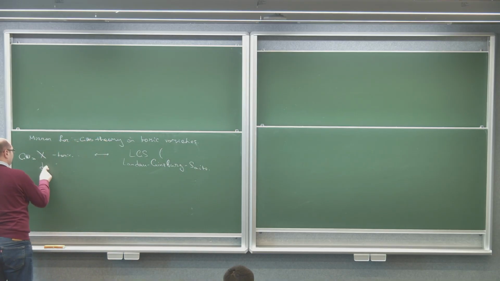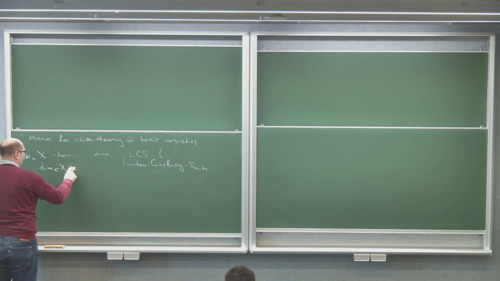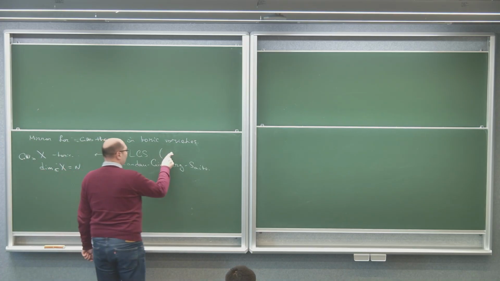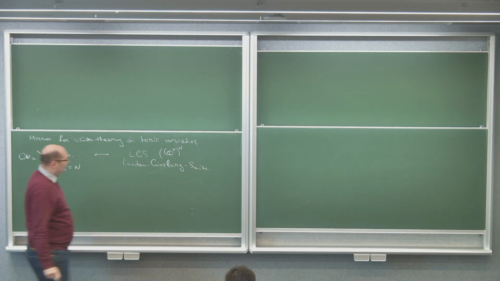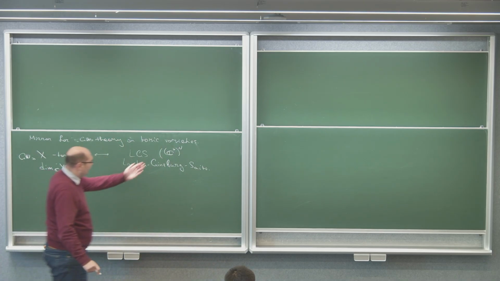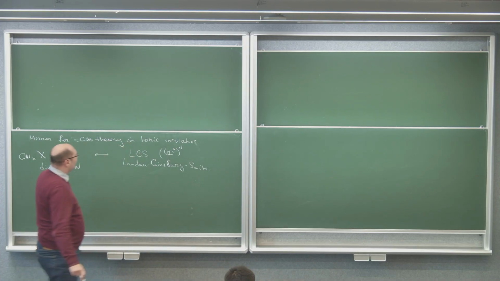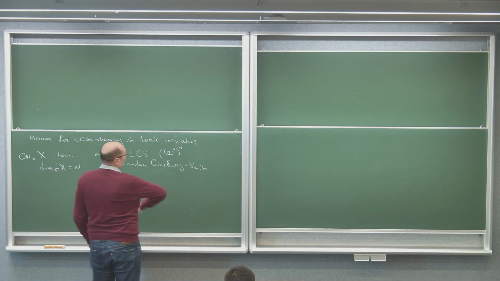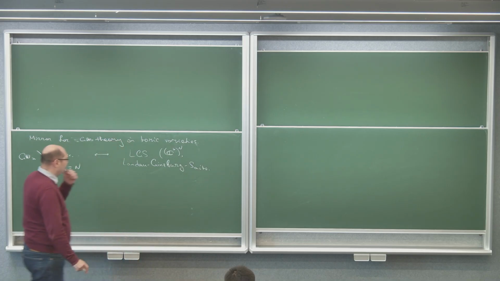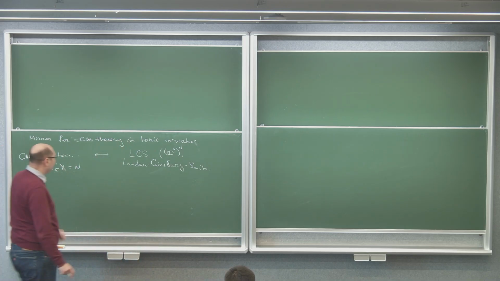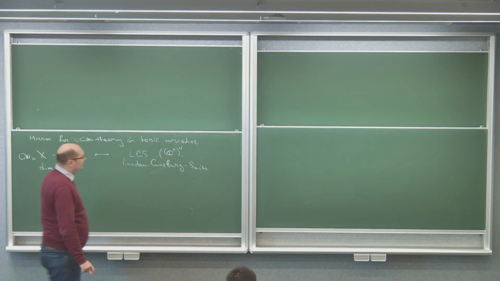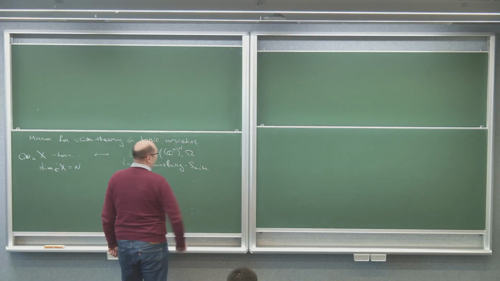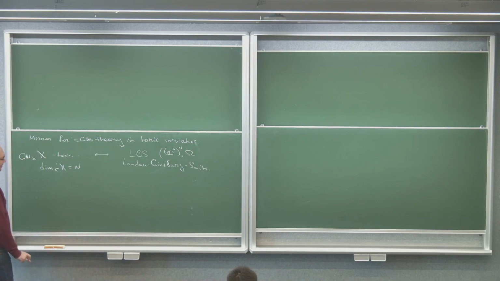So let's say we have complex dimension of X equal to capital N. We have our target space, some space where we have functions. It's C star to the power n, an algebraic torus of complex dimension n. This space is actually a non-compact Calabi-Yau, so it's endowed with some non-degenerate top form.